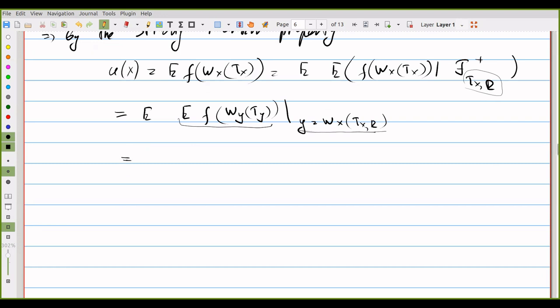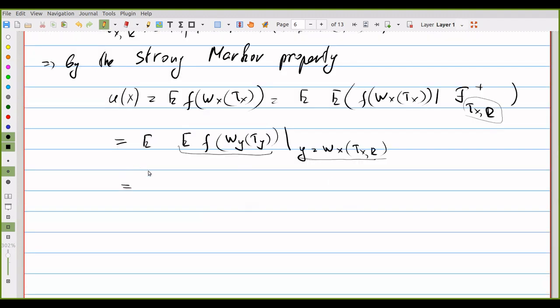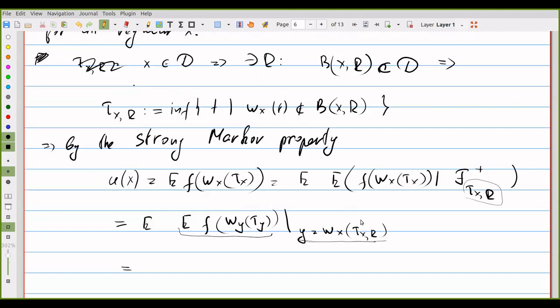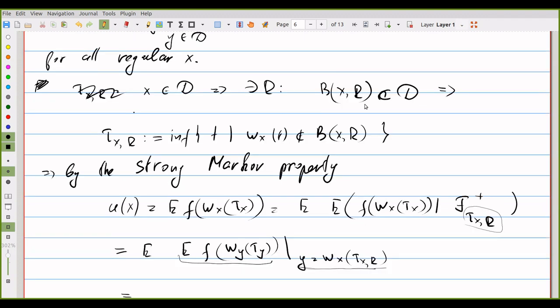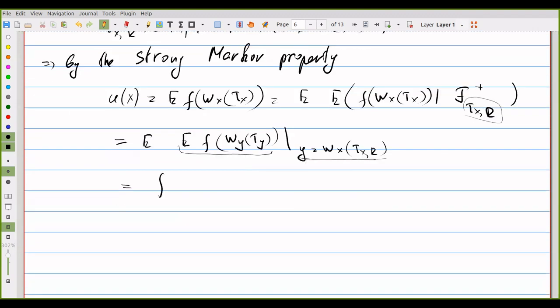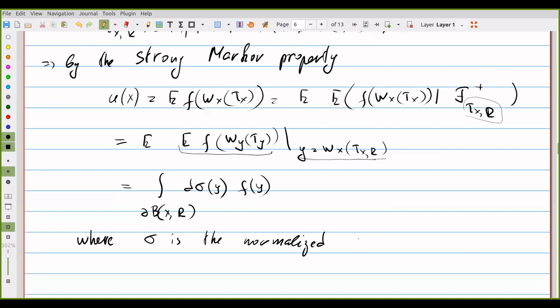And because the Wiener process is rotationally invariant, when we consider the value of the Wiener process at the moment when it leaves an ordinary ball, it's obviously going to be the integral over the boundary with respect to sigma, which is a normalized surface measure, normalized to integrate to one. The boundary of this ball is just a sphere.